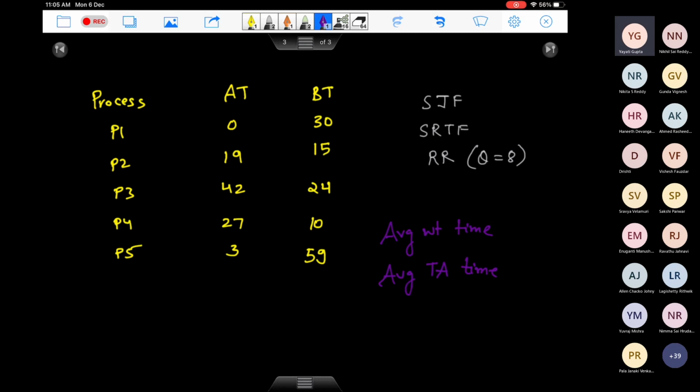Anyone else who has got the same answer? You don't get a tie here actually, because no two processes have the same burst time. Can someone verify the answer?